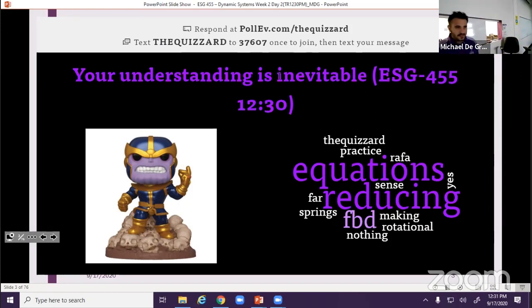And then you fill in the mathematical truths with the things that are on your free body diagram. And you want things to only be in terms of your inputs and your outputs, right? And you only want to put your inputs on one side and your outputs on the other, right? That is the idea behind equation reduction.